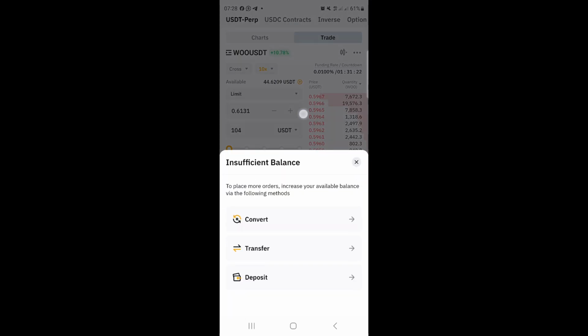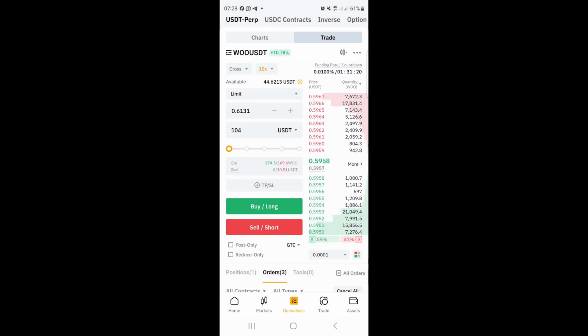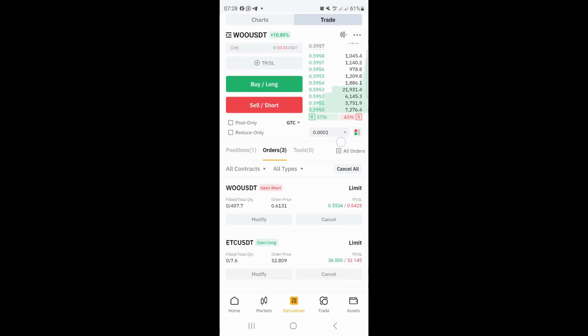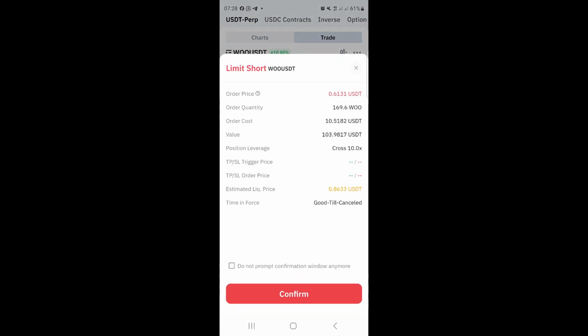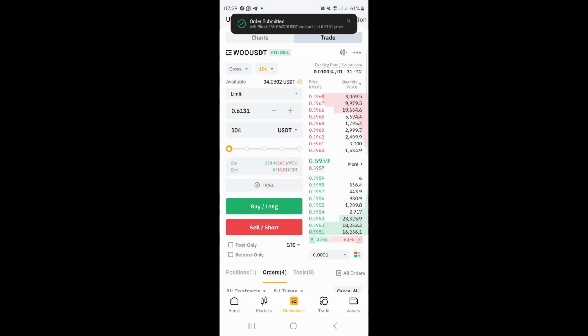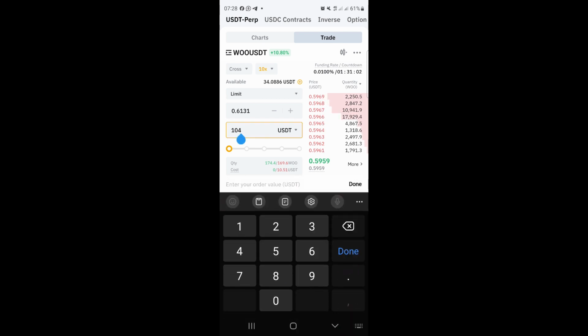You understand? $44. So if I enter this trade, sell short, confirm, what is left? $10. That's because I'm using 10x. So it needs $10 from available balance to be able to amount to my order value of 104, because 10 times 10 is 100. Maybe with decimals, you're going to get 104.